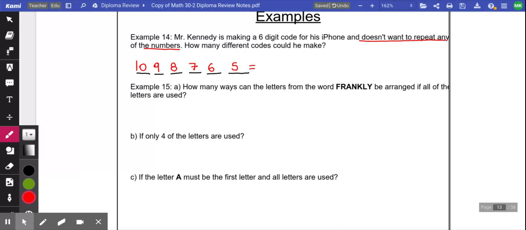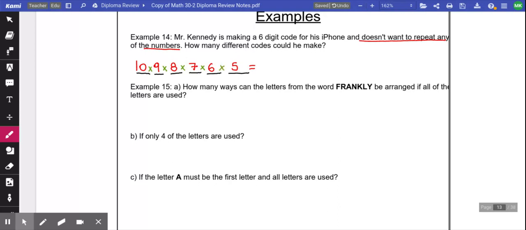This is not 10 factorial because it doesn't go all the way down to 1. This is just 10 times 9 times 8 times 7 times 6 times 5.